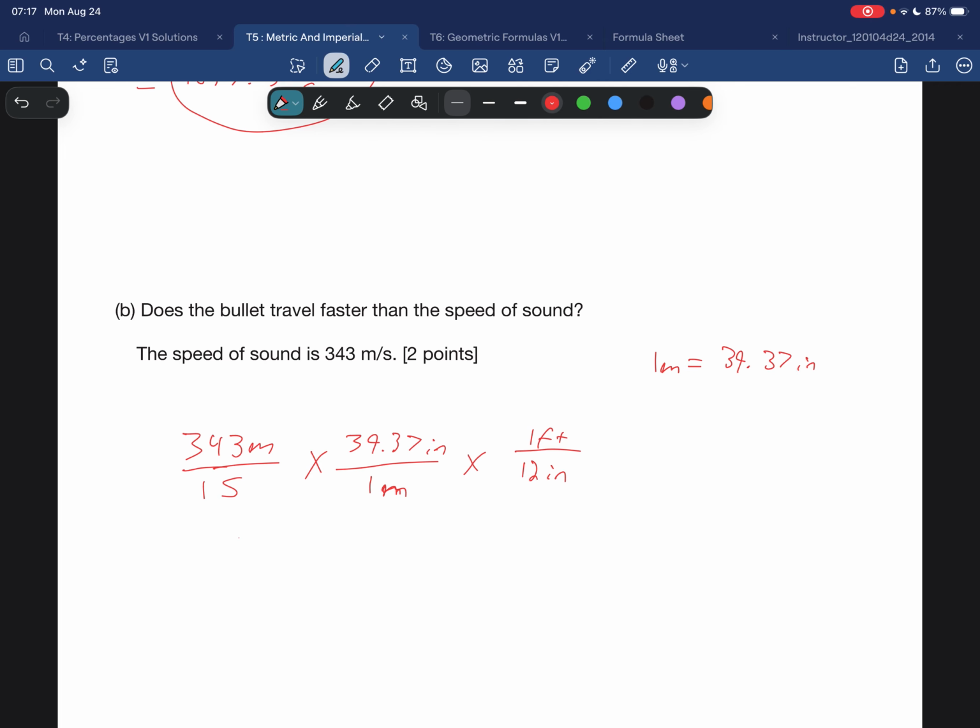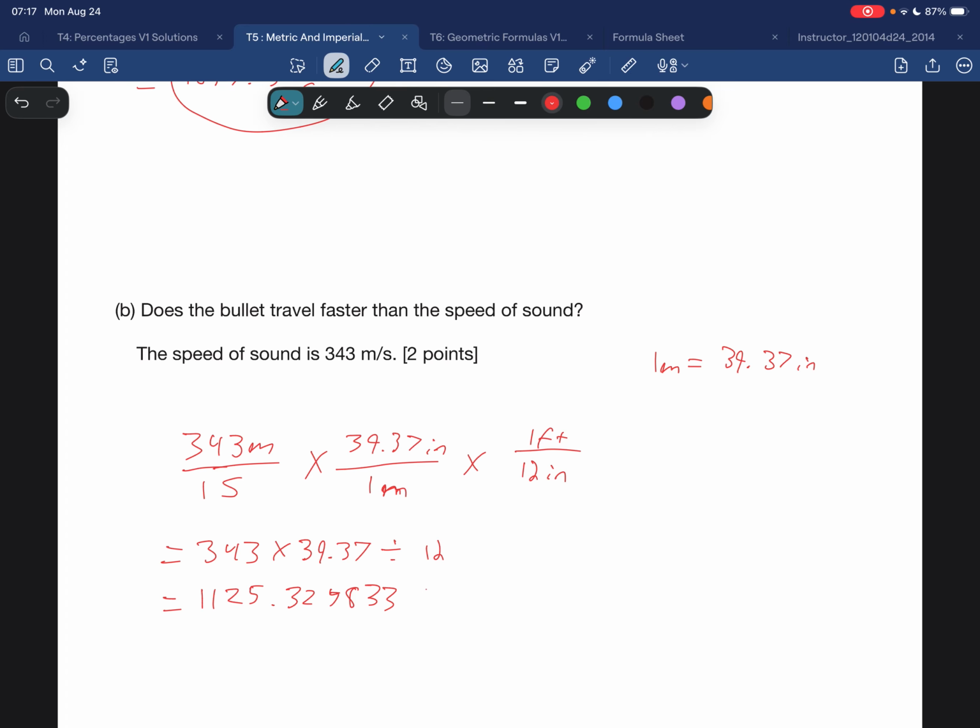So what I'm going to be punching in the calculator is 343 times 39.37 divided by 12. So 343 times 39.37 equals that, divided by 12 equals 1125.32583.